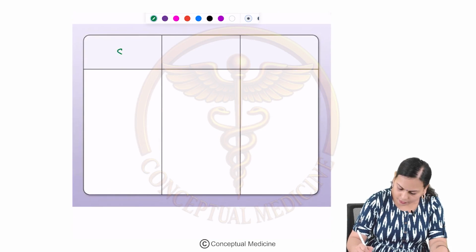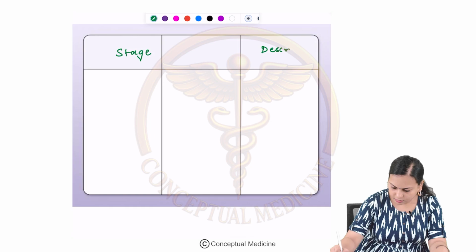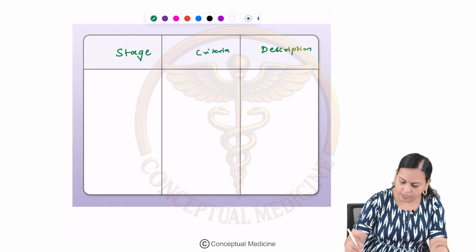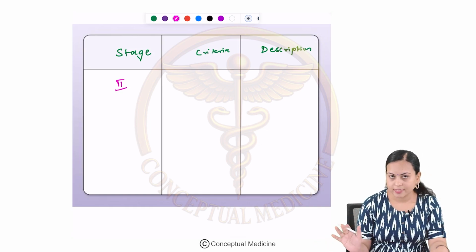Now, let us see about the second stage. Here also I am going to tell you the stage and the description, and the criteria for division. Stage 2 does not have much description.